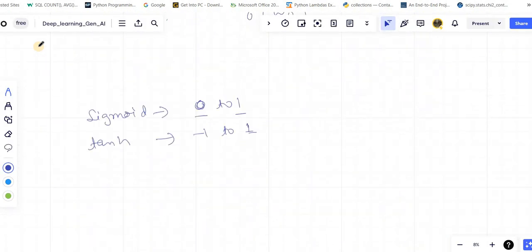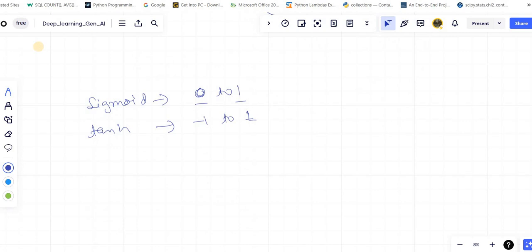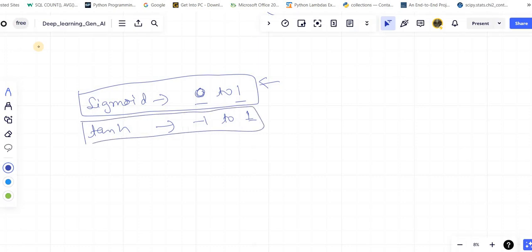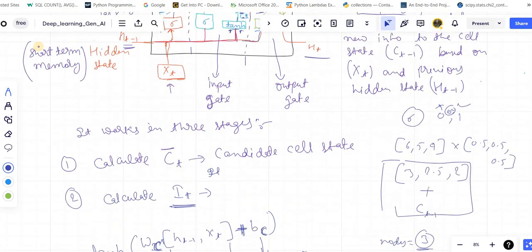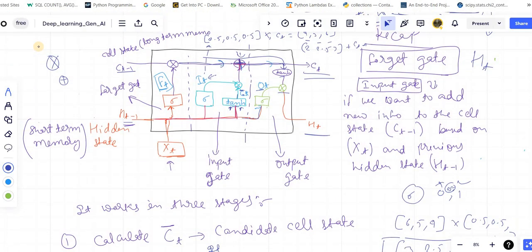If anywhere you want to remove something, they are using sigmoid. And if they want to add something, they are using tanh. Notice that here they have used sigmoid to remove. Here, whatever is coming from the tanh, because this input gate is to add.